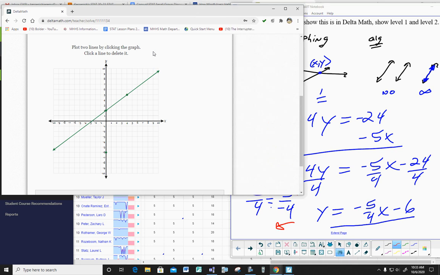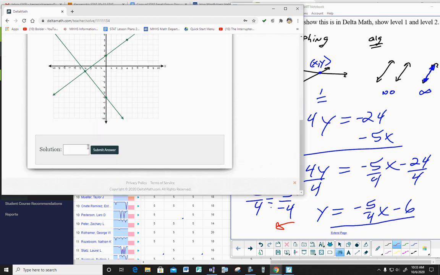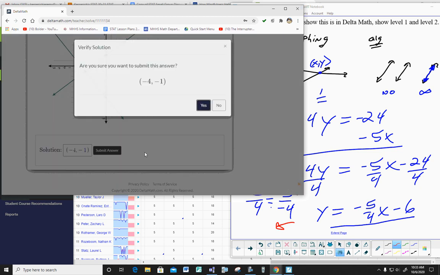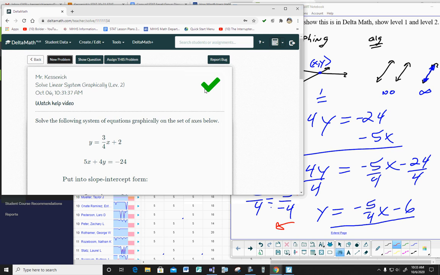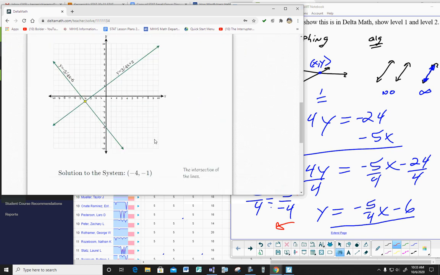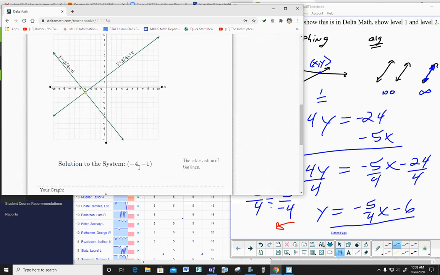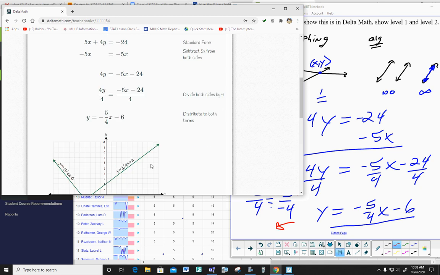So coming back here, from this point, I'm going to go up 5 and back 4. 1, 2, 3, 4. Okay? And so then your answer is negative 4, negative 1. So let's go negative 4, comma, negative 1. And we got it. So, graphing the lines is the work. The coordinate is your answer.